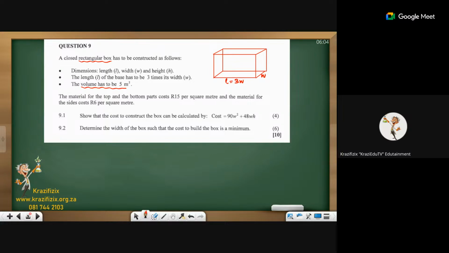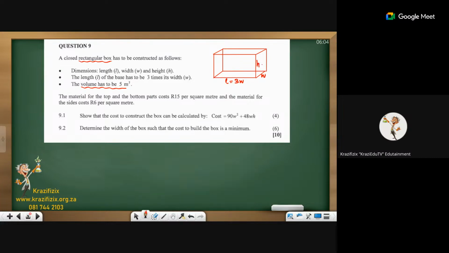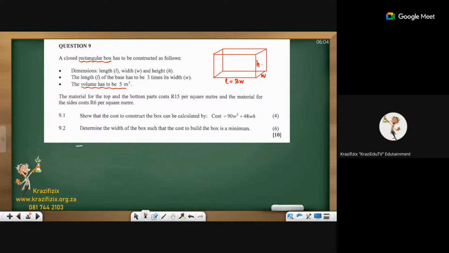Get that formula, guys. Definitely need to get that right. All right, let's see. Check. The formula has W and H. Let's work out the material for the top and bottom, okay? Top plus bottom.